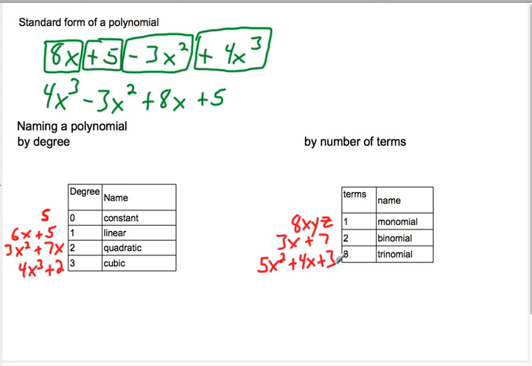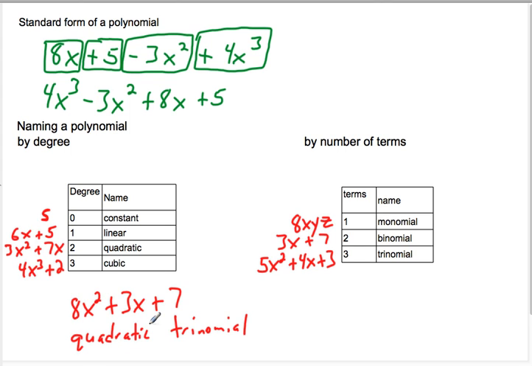And then we can put that together. So if I had 8x squared plus 3x plus 7, we would call this the degree is 2, so we would call this a quadratic, and then there's 3 terms, so trinomial. So this would be a quadratic trinomial. So you look for the degree for this term, and you look for the number of terms for this term.